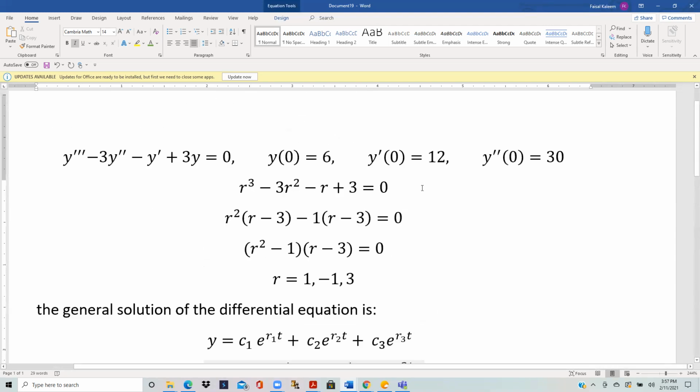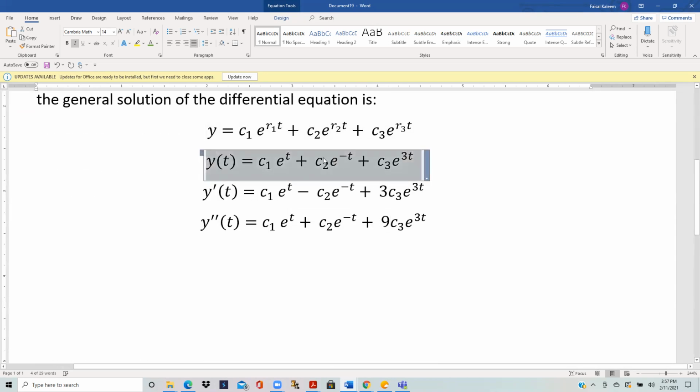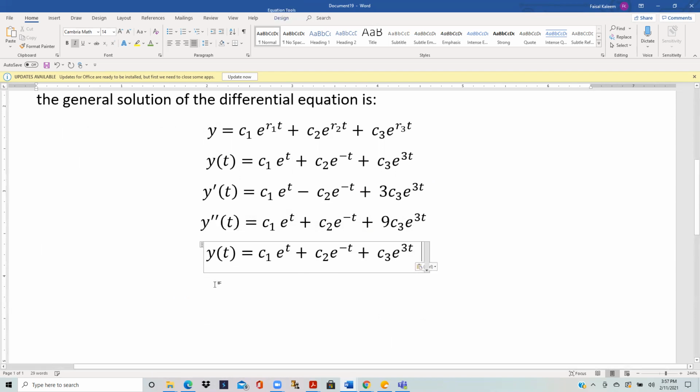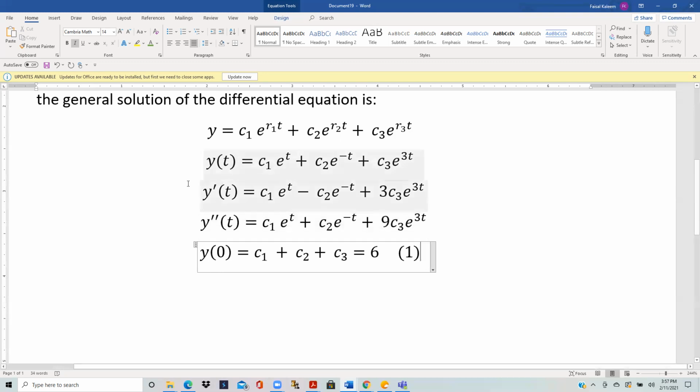All right, so now y of 0 is 6. So we do this. Get y of 0. And when you put t equal to 0, this goes away. E to the 0 is 1. This also goes away. This also goes away, and that's equal to 6. So let's call it equation 1. And then y prime 0 is 12.